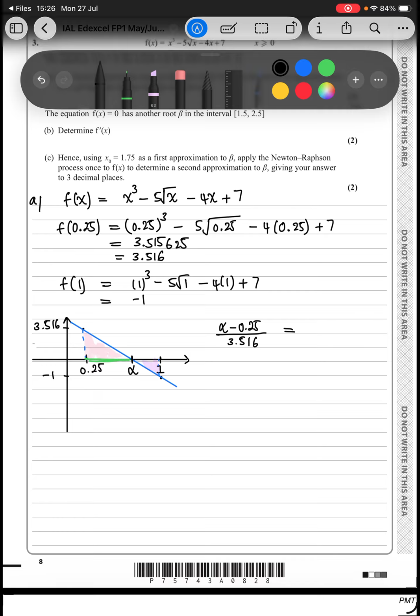The other triangle's width can be written as 1 minus alpha, over the height, which is 1.